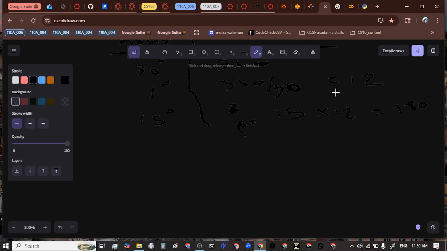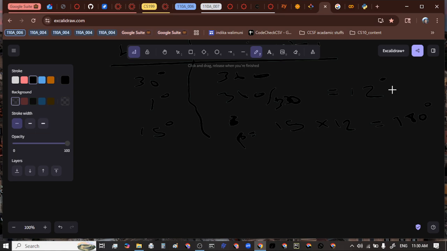We found that the minute hand moves 12 degrees per 1 degree movement of the hour hand. So for 15 degrees of hour hand movement, we found 180 degrees.